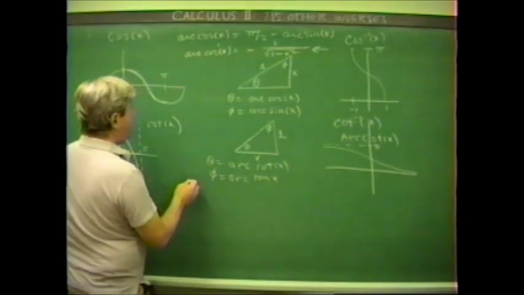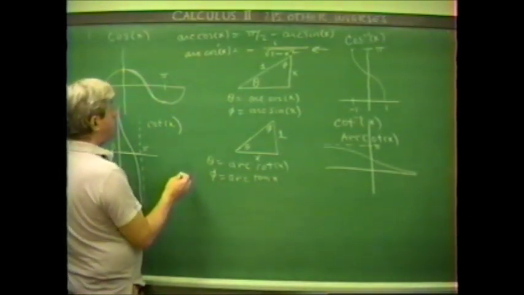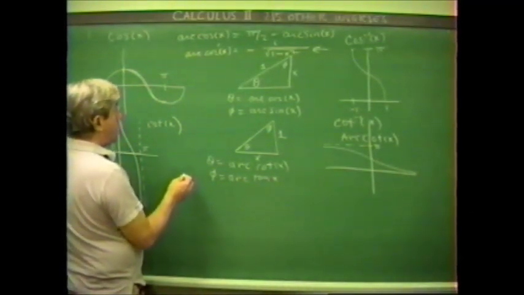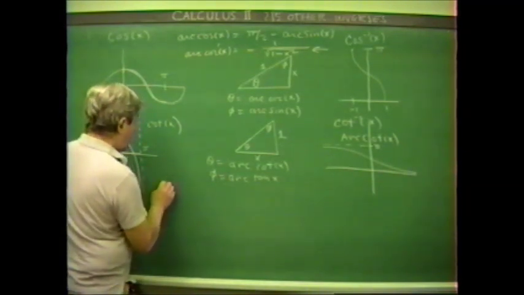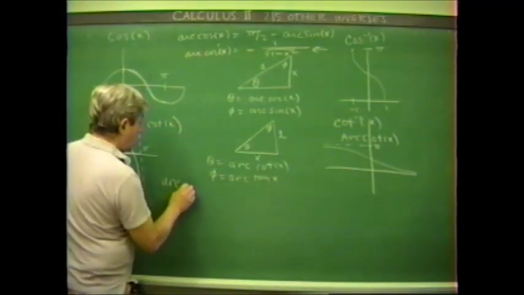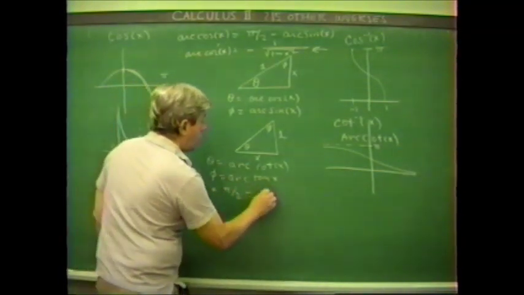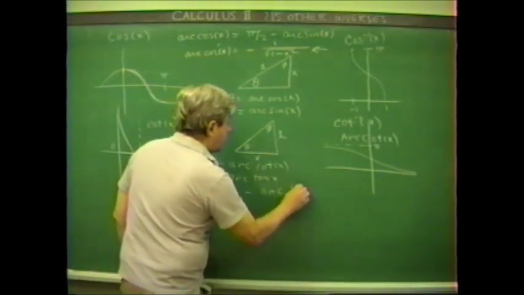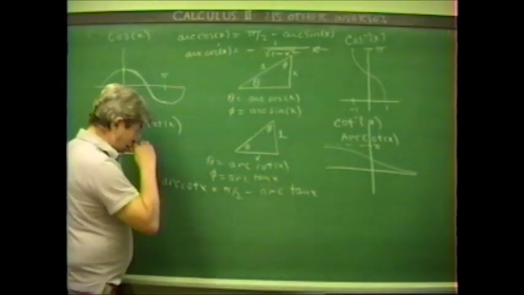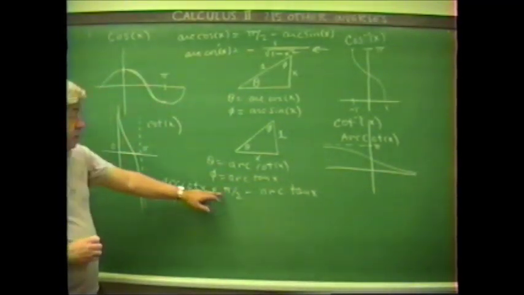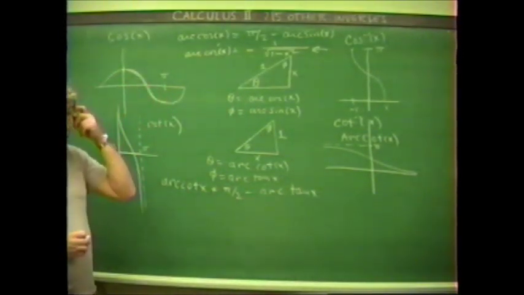And again, what we have here is that arc cotangent x is pi over 2 minus arc tangent x. So you can use pi over 2 minus arc tangent x instead of arc cotangent of x.